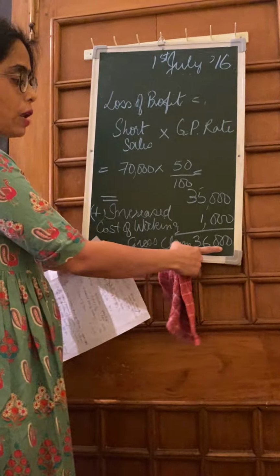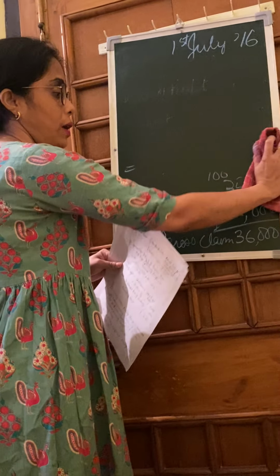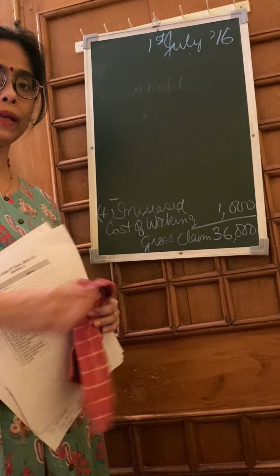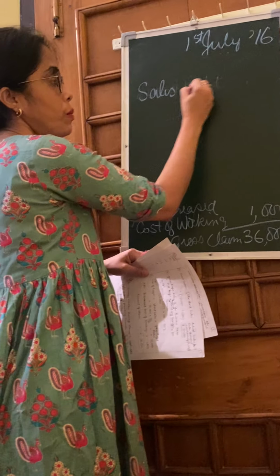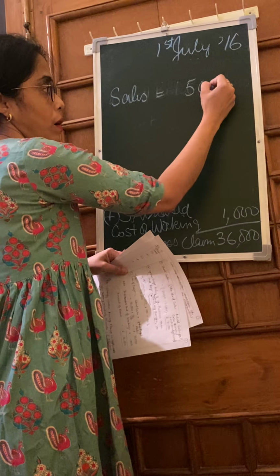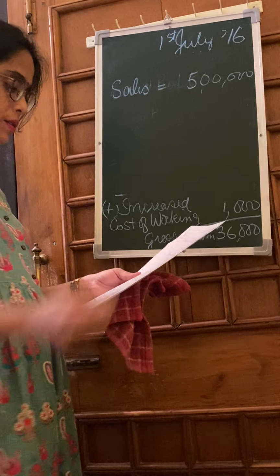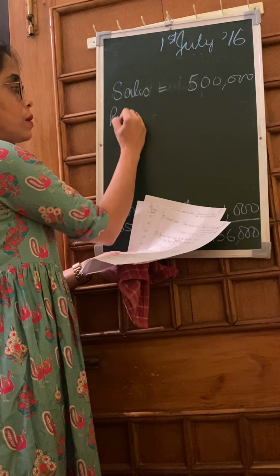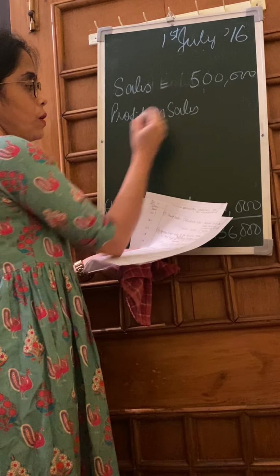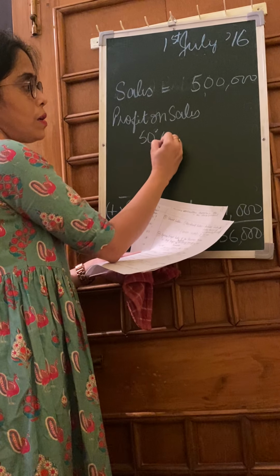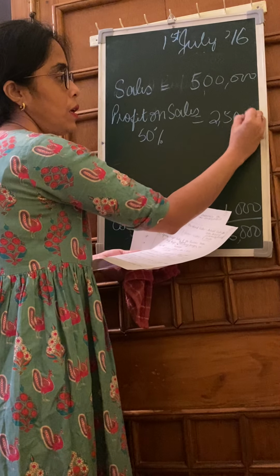Because this is a loss of profit, how much amount of profit have you lost? How will we compare that? We have to apply the amount of gross loss. So what has been the sales in the preceding year? Sales of the preceding year were 5 lakhs. And profit on sales, we know the gross profit rate is 50%. So 50% of 5 lakhs would be 2,50,000.